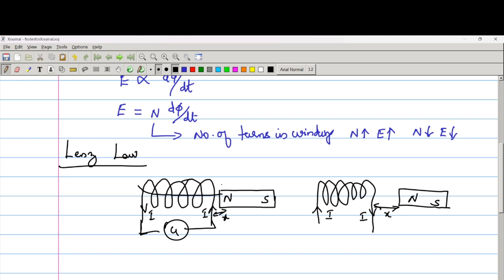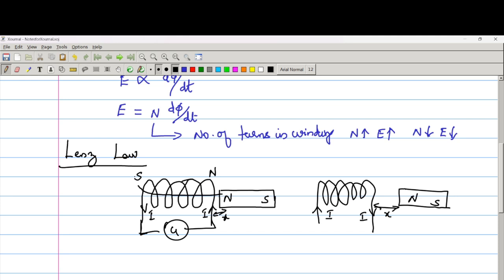That means here, this coil has a north pole and south pole, and due to that the current direction is like this. Already we know the current thumb rule: when the four fingers follow the direction of the current, the thumb gives the direction of the flux.